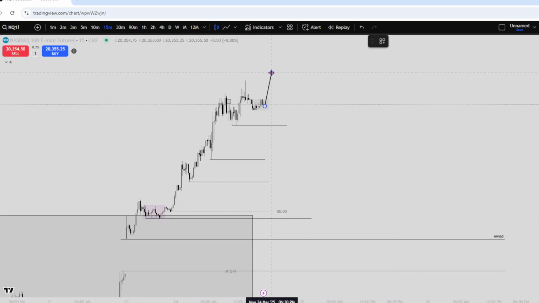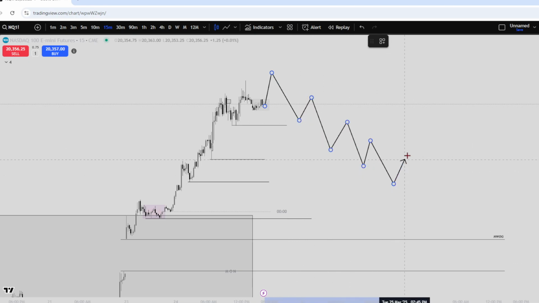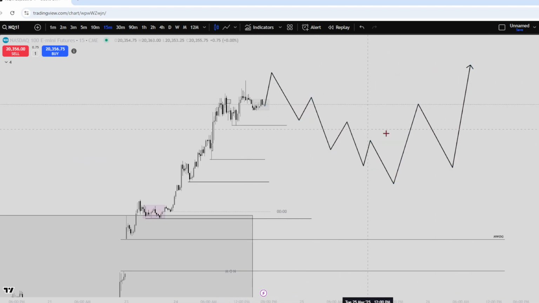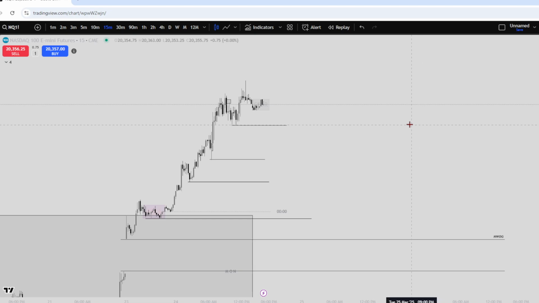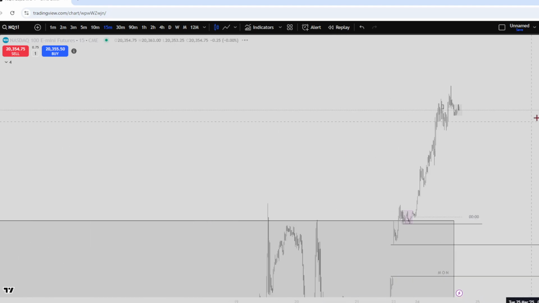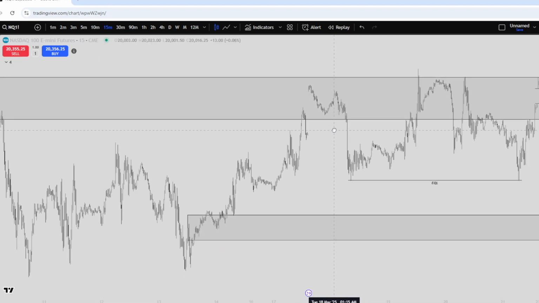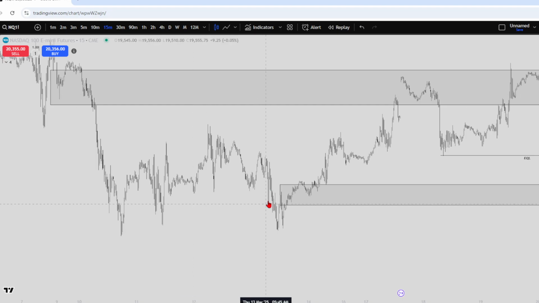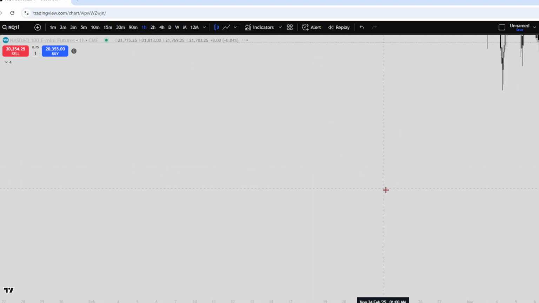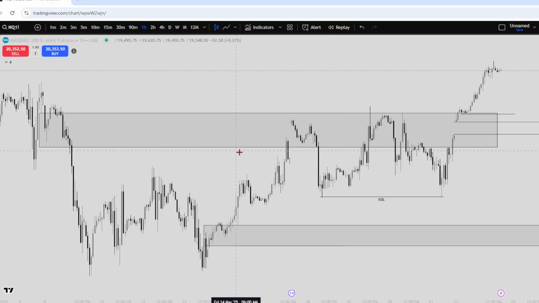So we could see price take out this high and kind of see something like this. We take out sell side liquidity and we trade higher. Now price doesn't have to do exactly that, but that's kind of the basis of what price action does. Now again, going back into it, let's go over what is happening if we're not in a clear trend, right?